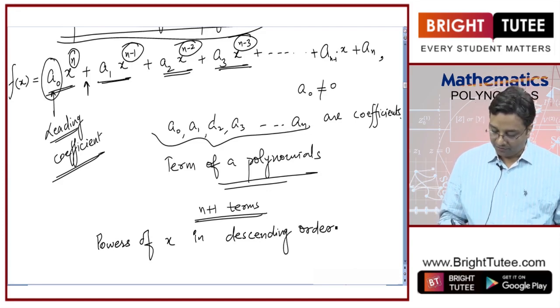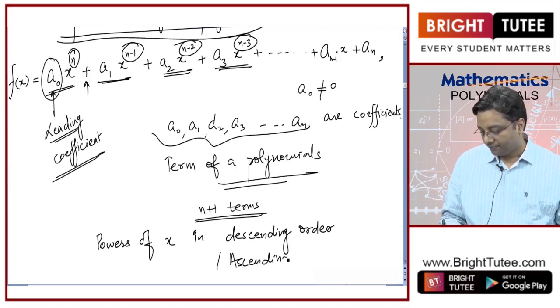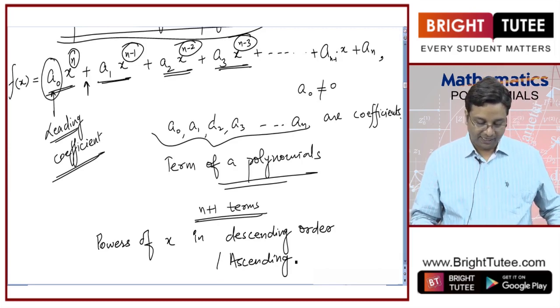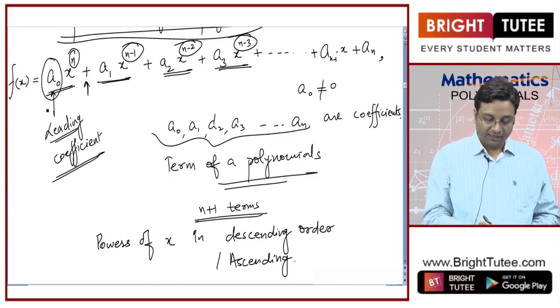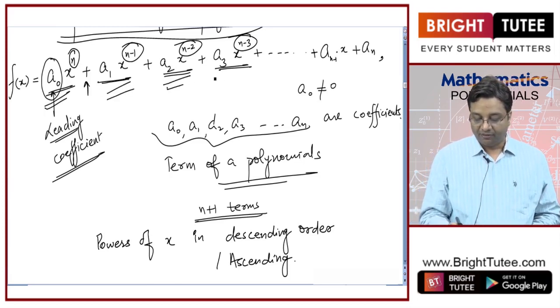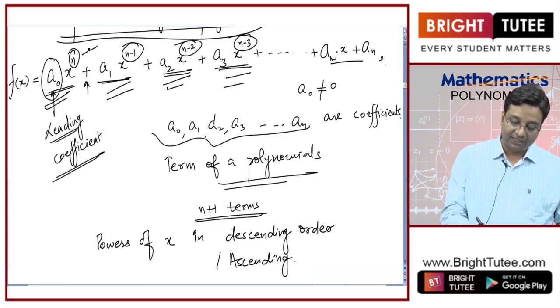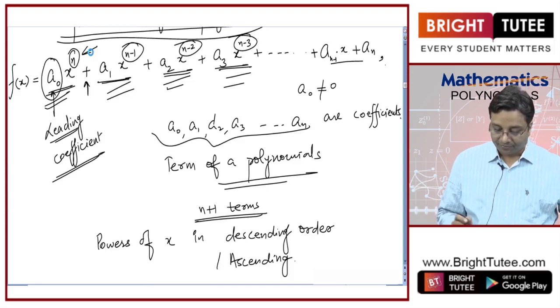Or you could have also written it in ascending order. All right. So this is the standard form, and a naught, a1, a2, up to an are known as the coefficients. These are known as the terms of a polynomial. And what is the highest power here? The highest power is n, so this is an nth degree polynomial, right?